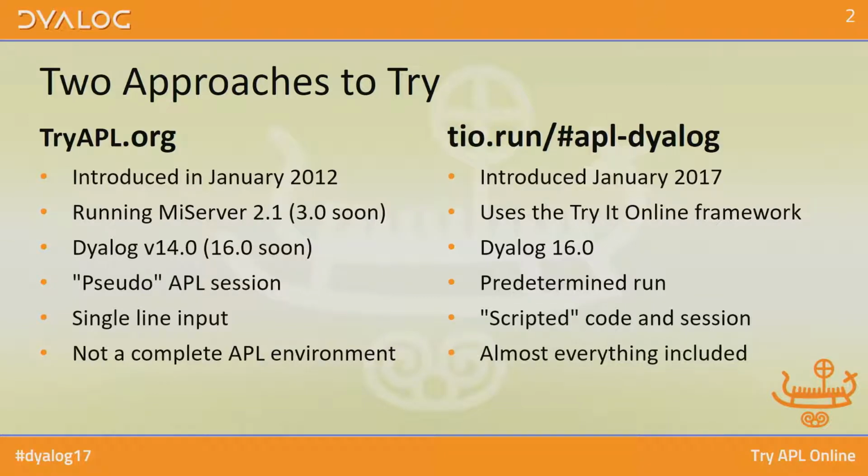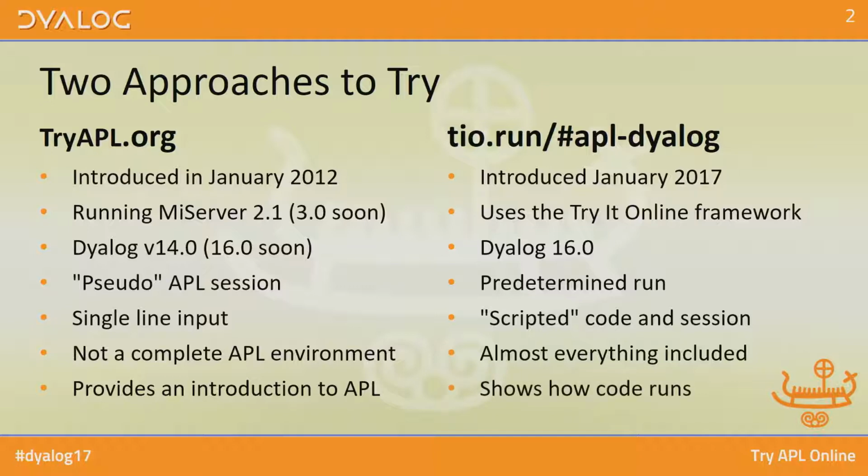Even Andy can't break it. Oh, now there's a challenge. He tried. So the idea of Try APL is to provide an introduction to APL. It's not a system where you're going to be developing applications, but it's an exploratory type of environment. Whereas TIO more shows how APL is run.